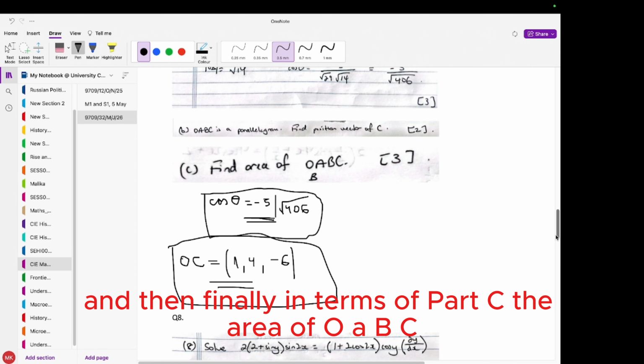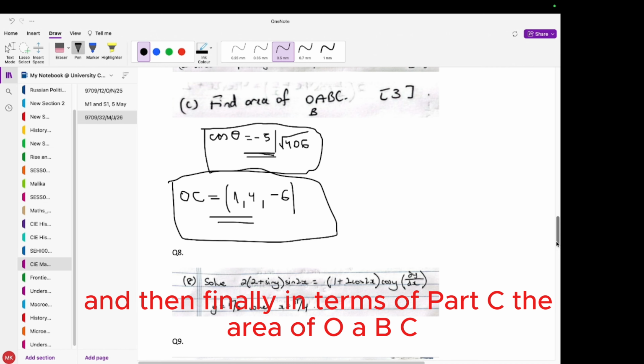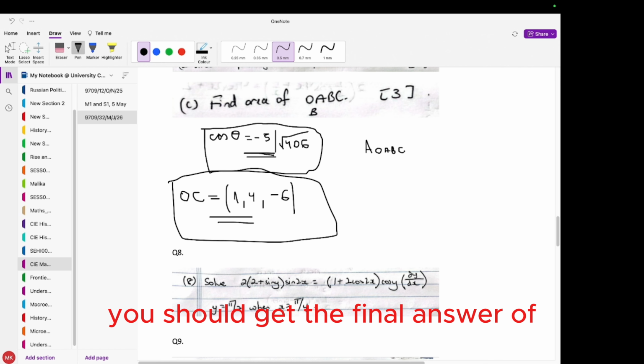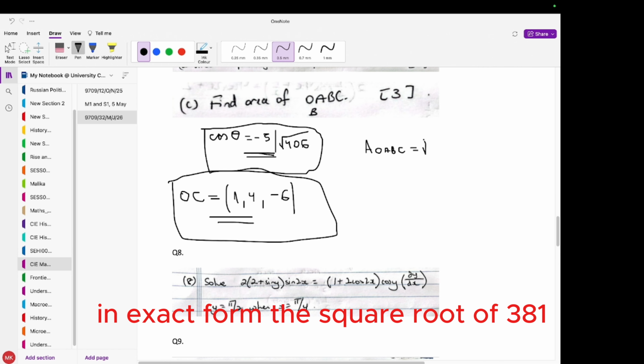And then finally, in terms of part C, the area of OABC, you should get the final answer, in exact form, the square root of 381.